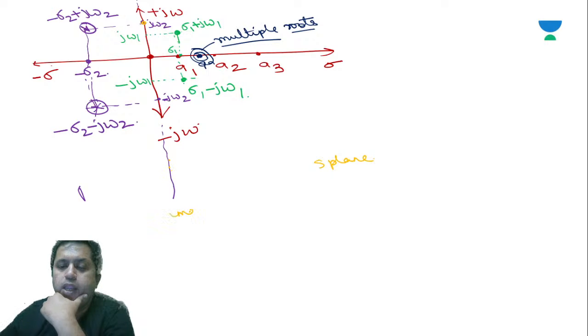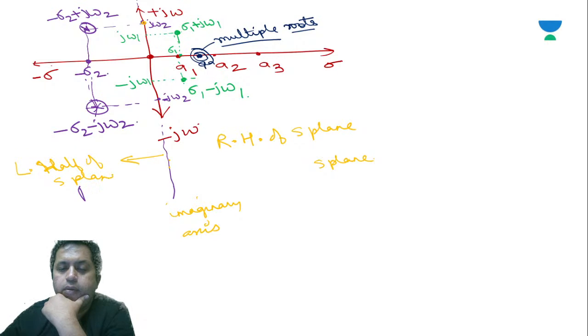The part to the right is called the right half of the s plane. The part to the left is called the left half of the s plane.